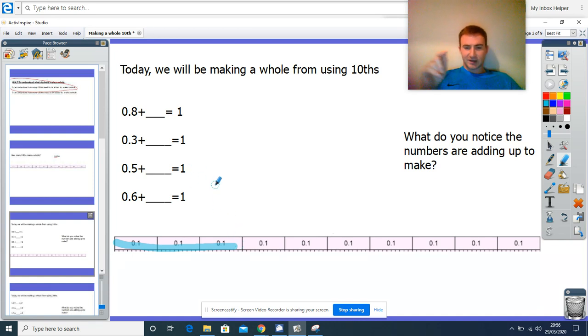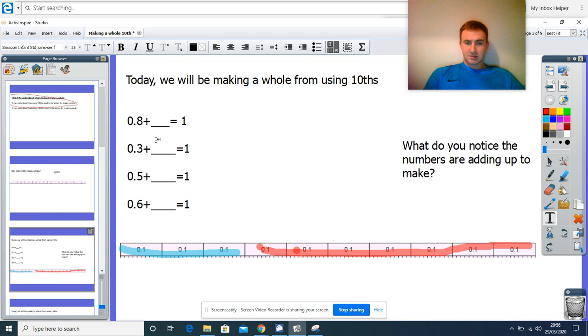Have a little count on the screen if you need to. So you should see that there's 0.3 plus 0.1, 0.2, 0.3, 0.4, 0.5, 0.6, 0.7. So 0.3 plus 0.7 equals 1.